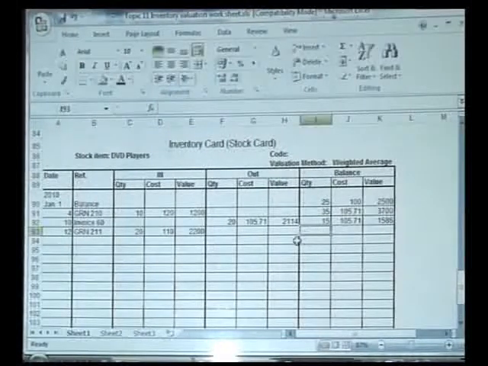Now the value of the stock we will have to work out, but first we can enter the number of units. We had 15 plus another 20, now we have 35.